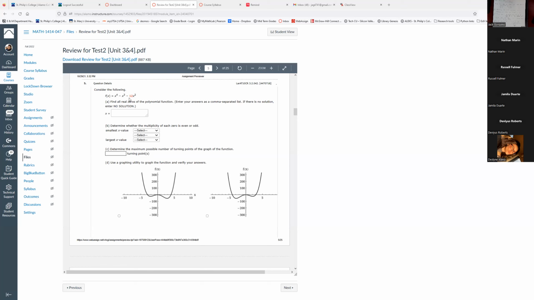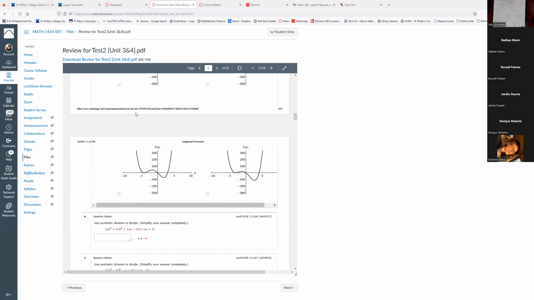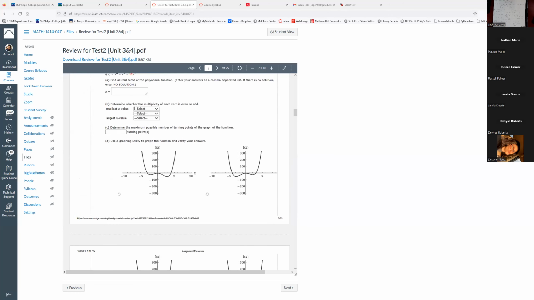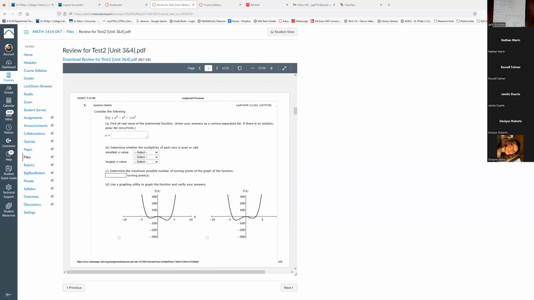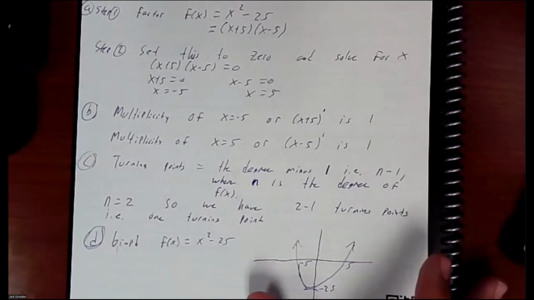Let's see if it's even worth doing. Yeah, let's go ahead and do it. On 5, I'll skip a few more steps because it's the same thing as 4. If you have a question, let me know.